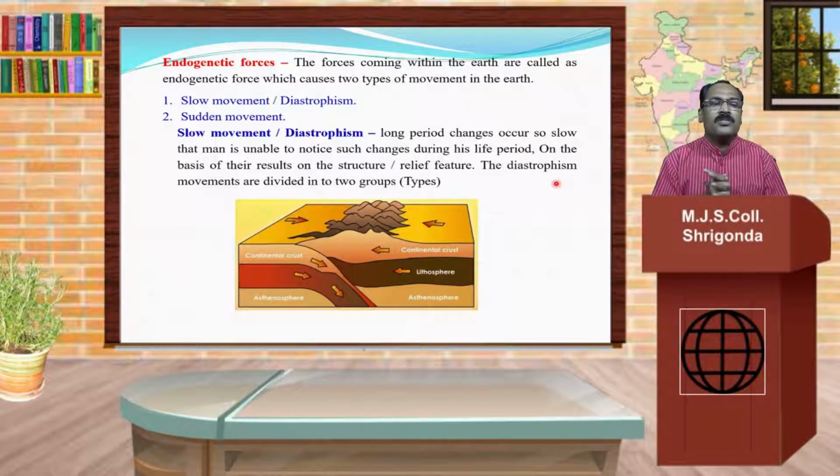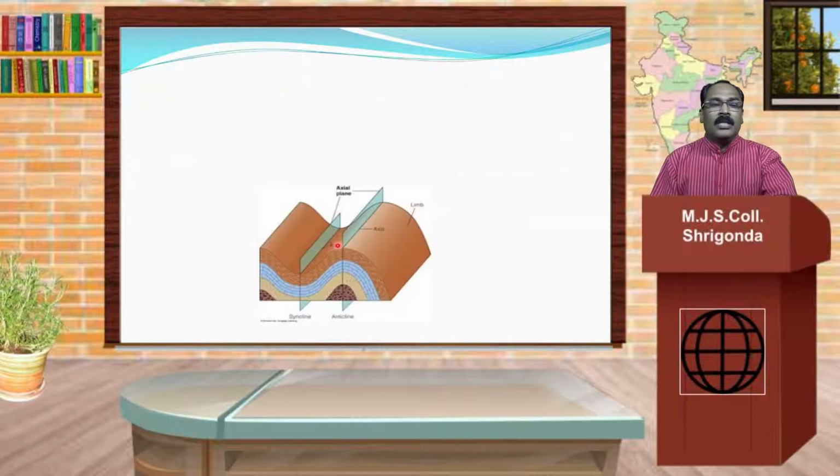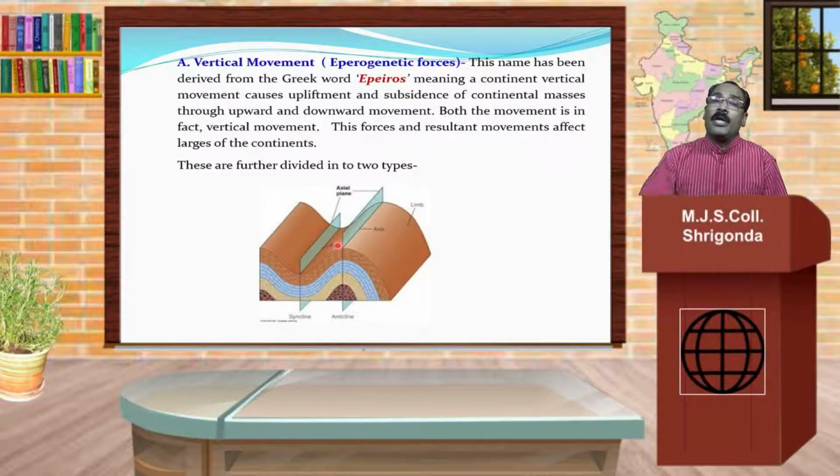On the basis of their results on the structure and relief features, these diastrophism movements are divided into two groups. First, the vertical movements, the epeirogenetic force.